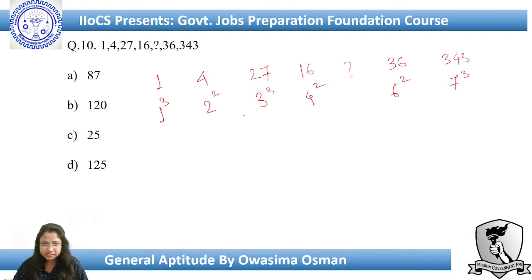Okay, so here is a mix of two series, where all the odd positions are cubes of the consecutive odd numbers, and all the even positions are squares of the consecutive even numbers. So our next term will be, after 1, 3, the next will be 5 cube, that is 125. So our answer will be option D, 125.